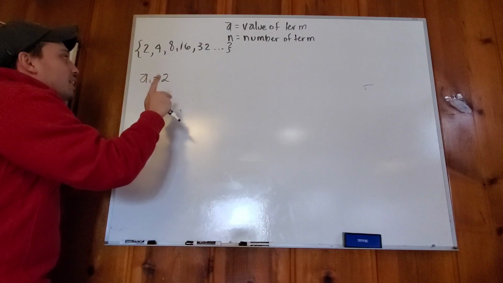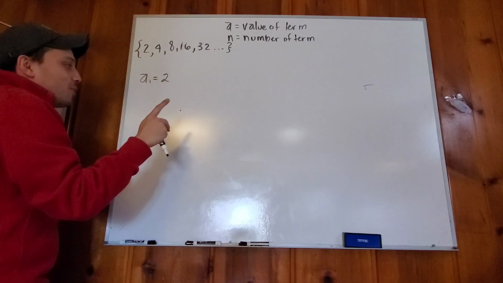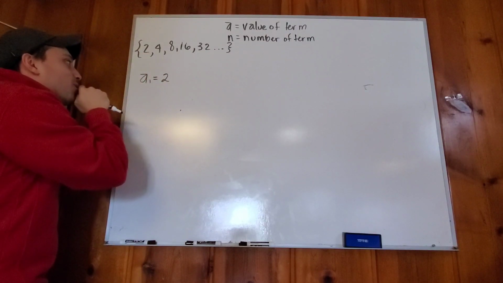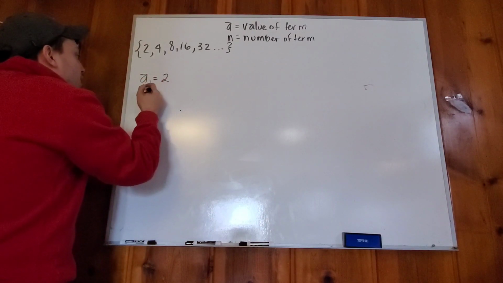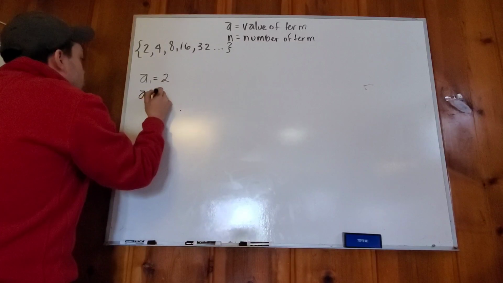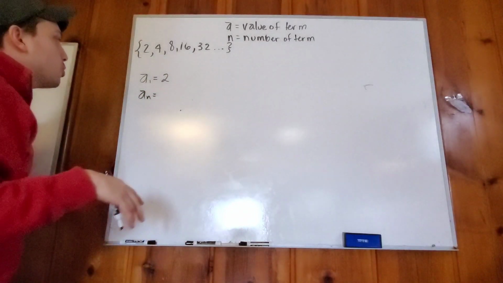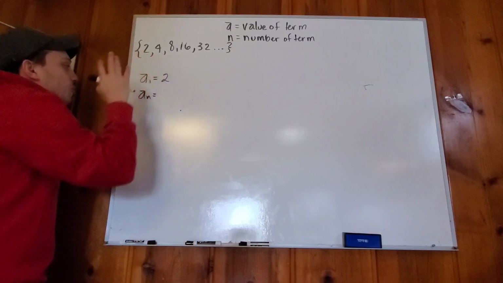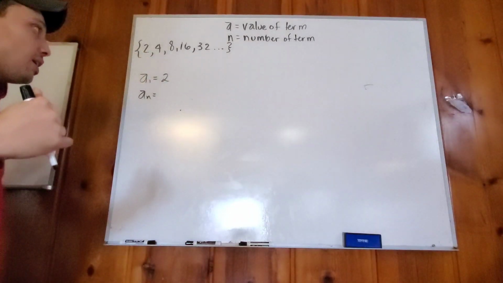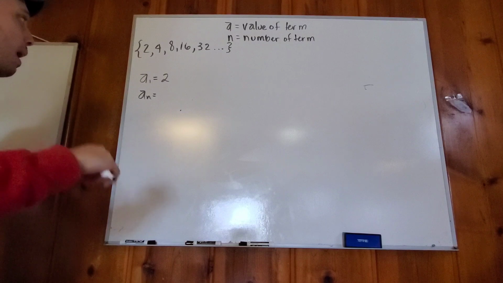So what we see here is that we have done the first part. Now we have to recognize what is going on afterwards, okay? So in the first term, okay, we have A of 1, but then how do we actually find A of N? A of N means just any term in here. So now we're going to use a notation that is going to be A of N minus 1.